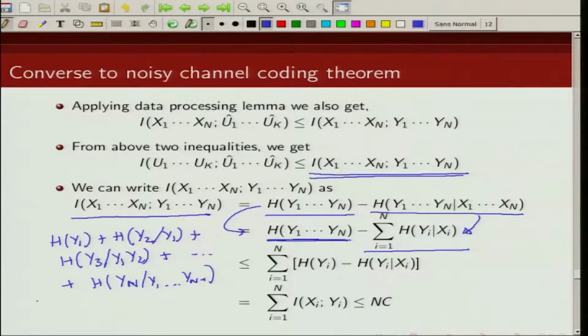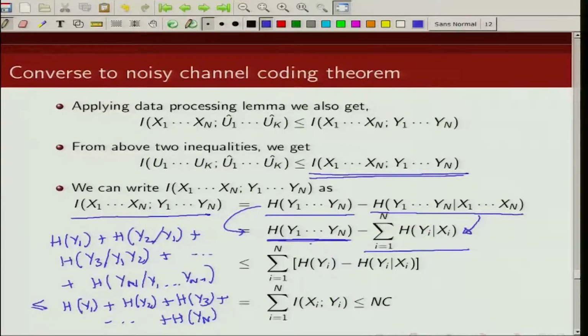Now, this is upper bounded by h of y1 plus h of y2 plus h of y3 up to h of yn. Here I use the fact that conditioning cannot increase entropy. So, if I do that, then I can write that this joint entropy is upper bounded by summation of entropy h of yi where i goes from 1 to n.